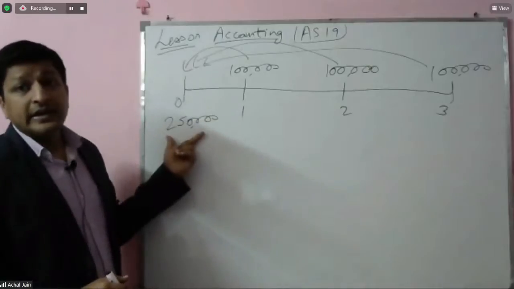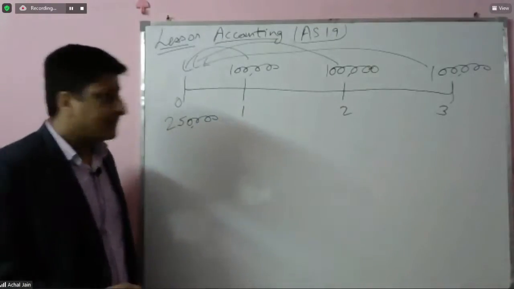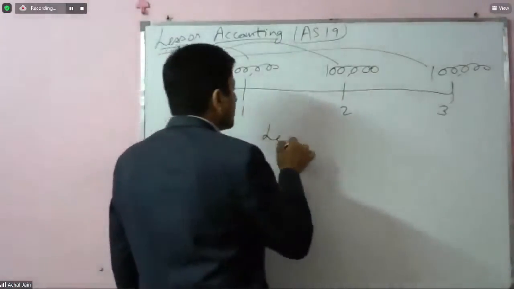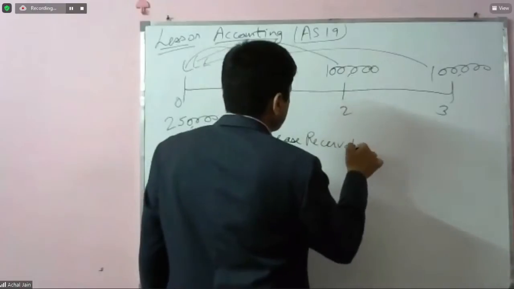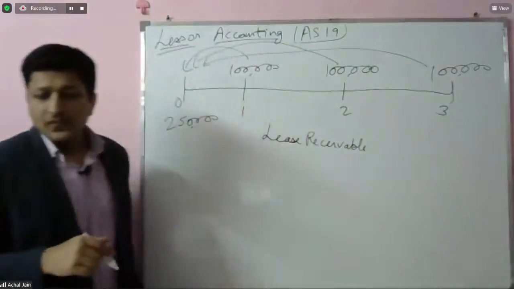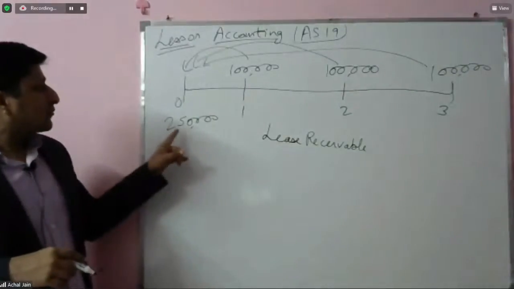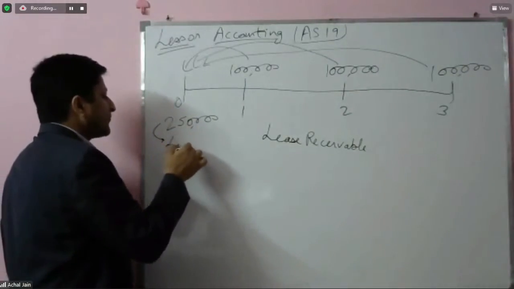On the date of lease, that means at the time of inception of lease, lessor would record a lease receivable equivalent to 2,50,000.